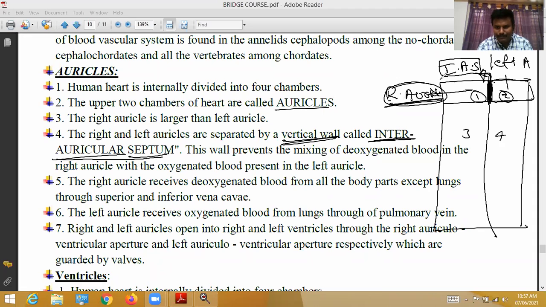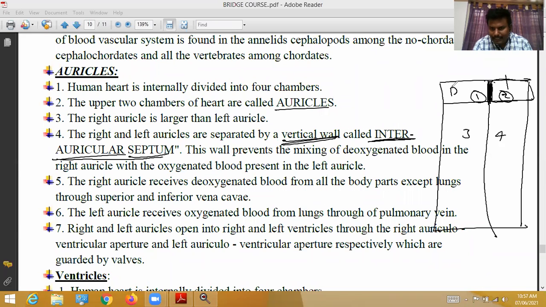This wall prevents the mixing of blood. The right auricle always receives deoxygenated blood. The left auricle always receives oxygenated blood.